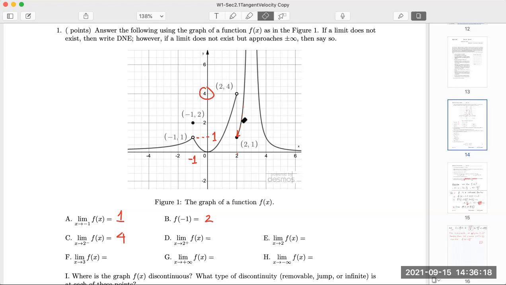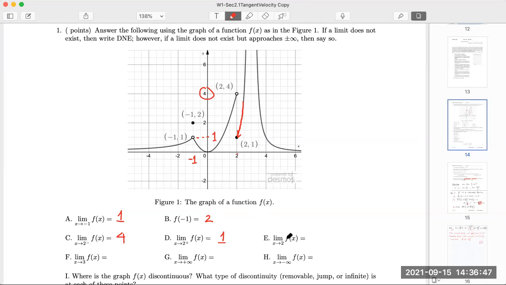If x comes closer and closer to 2 from the right, the graph of f of x will follow this path and go closer to this point, which is 1. We see that in this example, the left-hand limit and the right-hand limit when x approaches 2 are different.